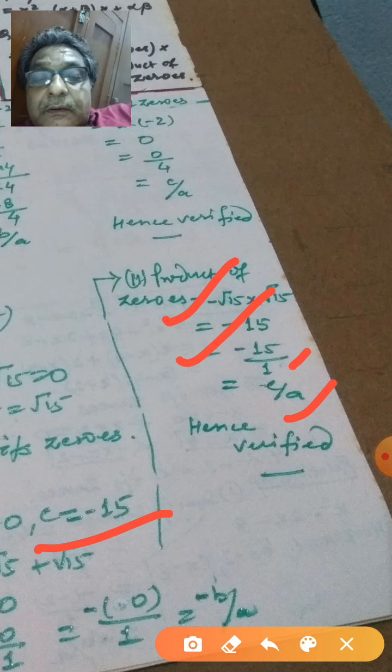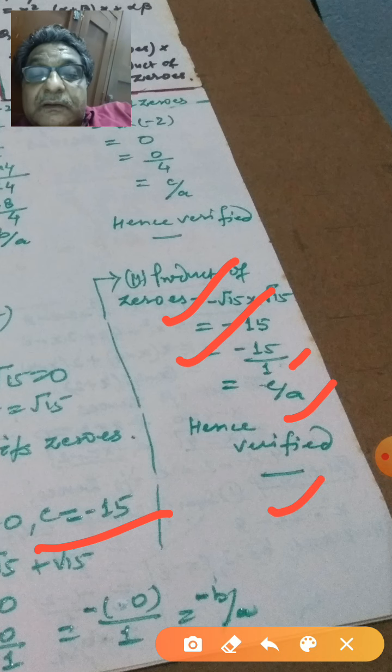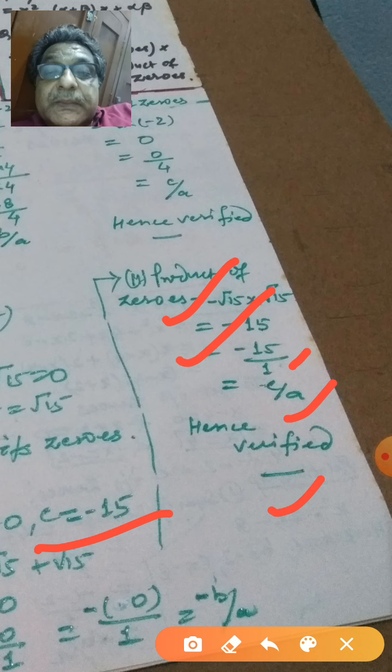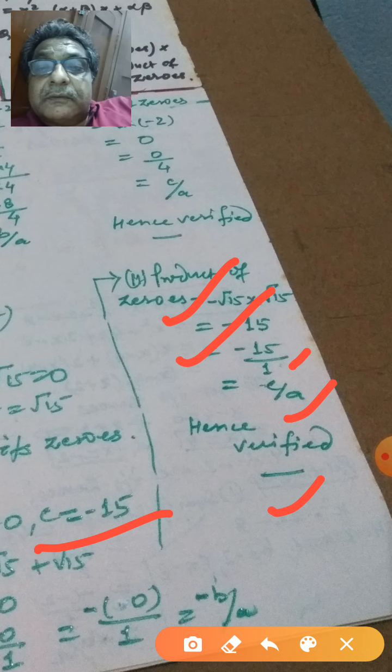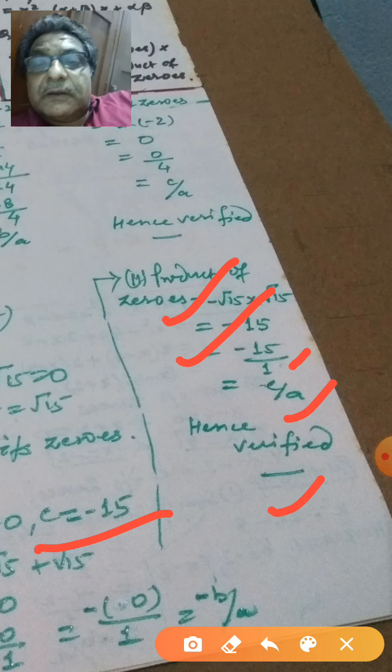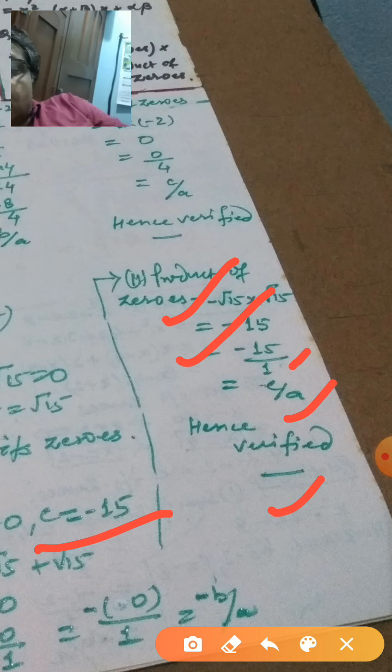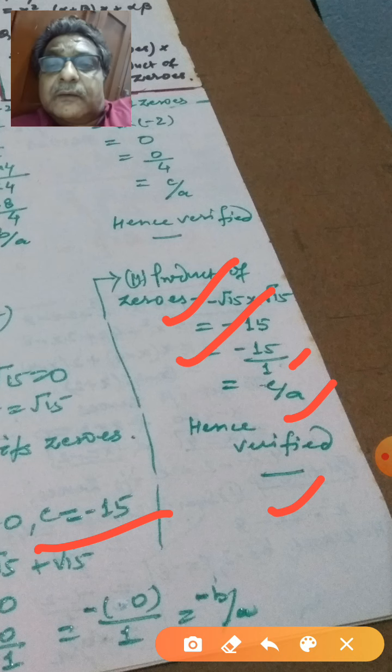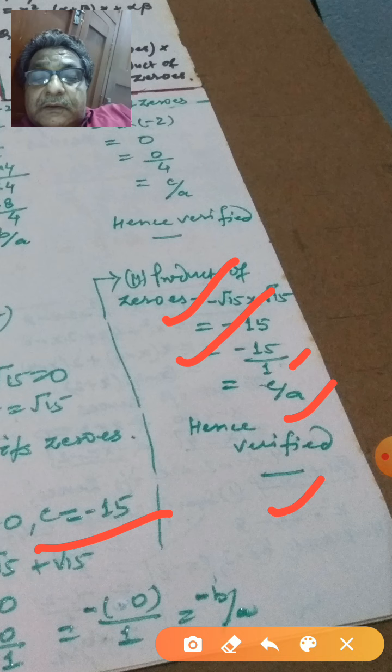So taking these three examples, we have seen that in a quadratic polynomial two relations will always be there. We can derive these two relations for any given quadratic polynomial, and you should memorize them: alpha plus beta is equal to minus b by a, and alpha into beta is equal to c by a, that is, sum of zeros equals minus b by a and product of zeros equals c by a.